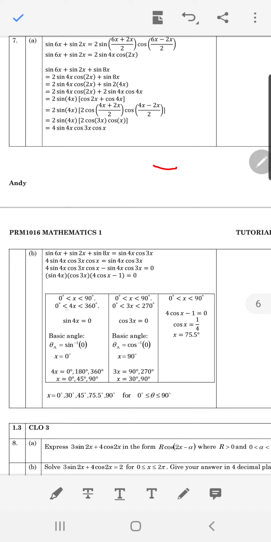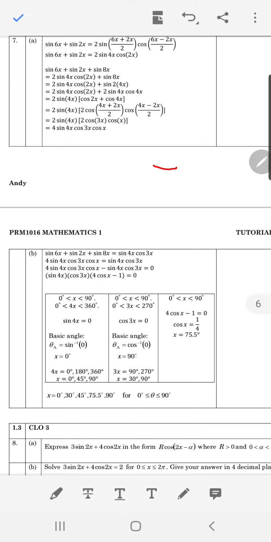However, when you have 4 times x, you have to multiply the given angle by 4. So sin 4x is up to 360 degrees, cos 3x up to 270, and only this one up to 90 degrees. So that's why you see only one angle here.